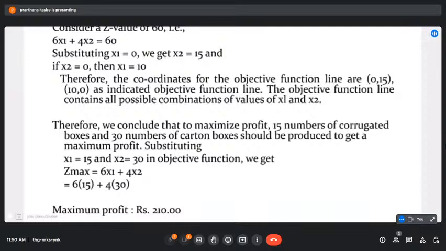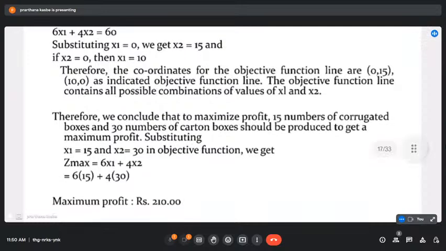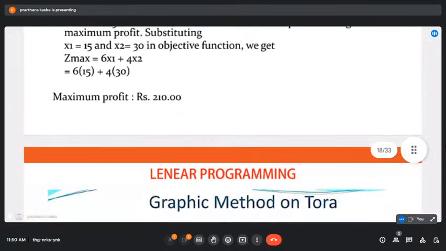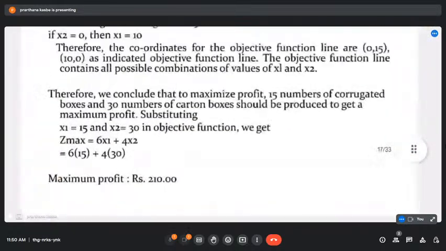So x1 is equal to 15 and x2 is equal to 30. We got the objective function 6x1, that is 6 into 15 plus 4 into 30. We got the maximum profit is 210. This is how the graphical method works.